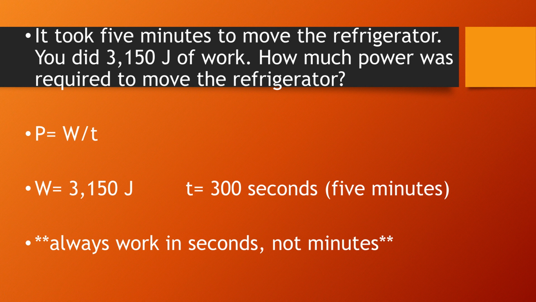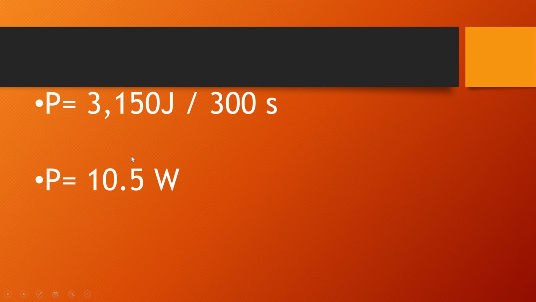So the equivalent of 5 minutes is 300 seconds. So we have our work and we have our time. We're going to put that into this formula right here. So 3,150 joules divided by 300 seconds is 10.5 watts.